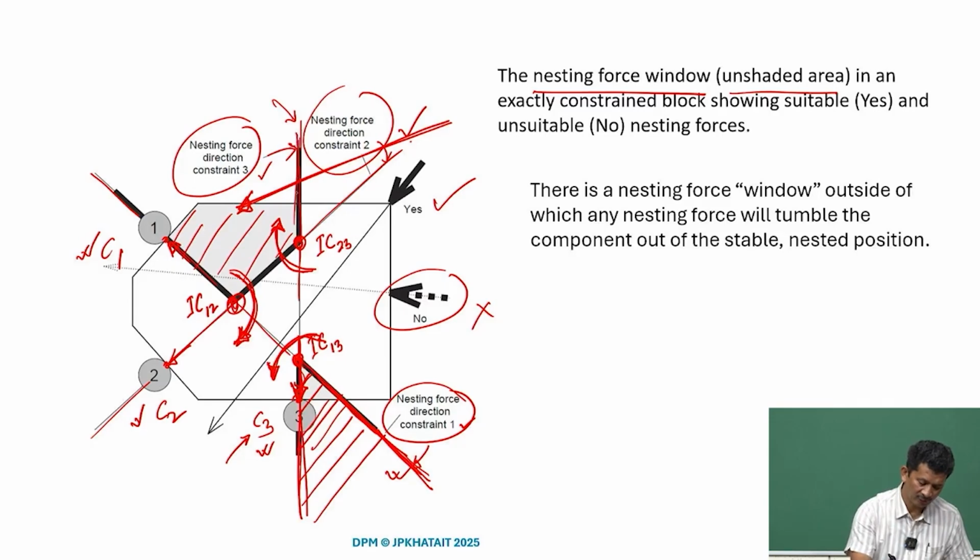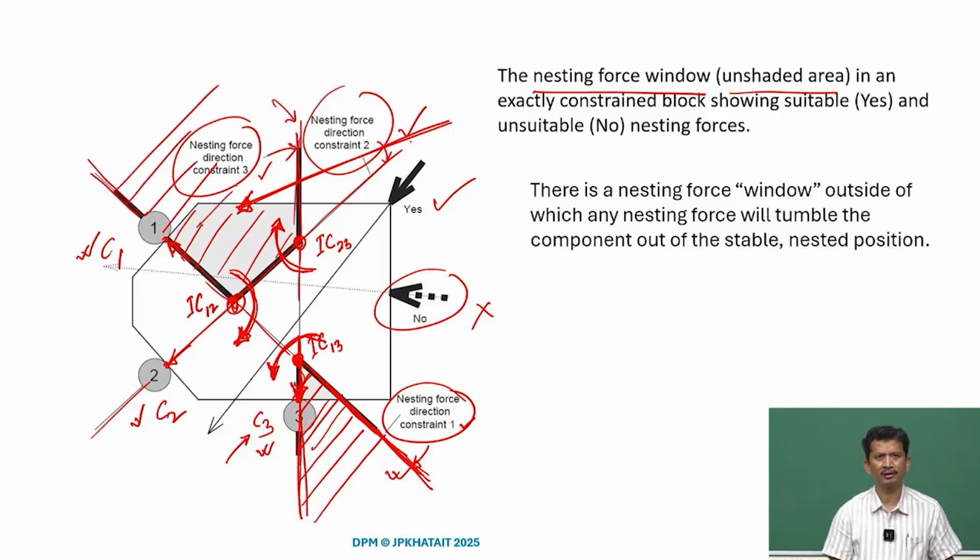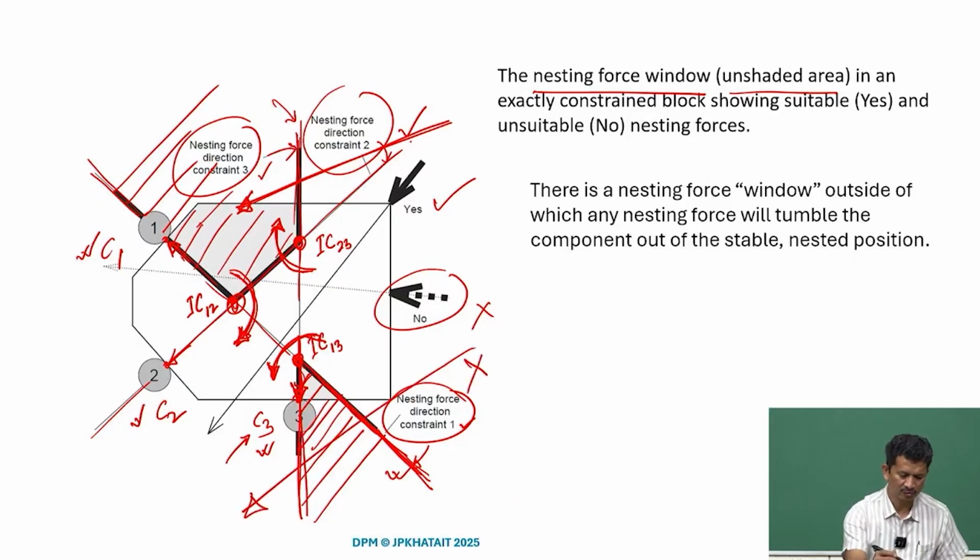Similarly, we find that this shaded area is again not valid. So, you can check whether you have a force coming like this; these are all not valid solutions.